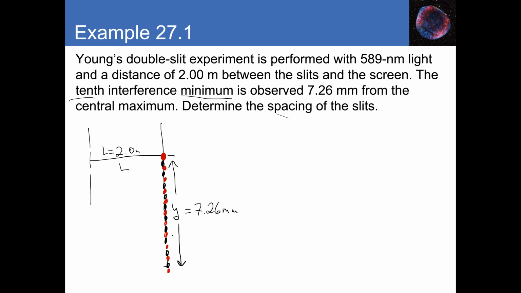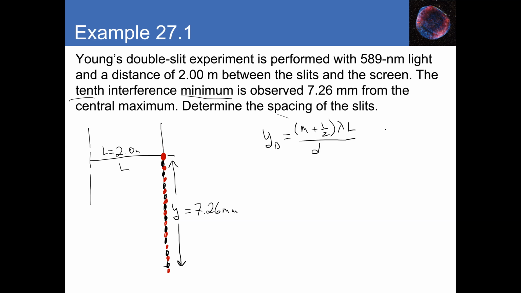Again, it doesn't matter if you do above or below; it's the same thing for us. All right, so we got that. Now, remember the equation: y dark equals m plus 1/2 times lambda times L over d. So we have this equation.